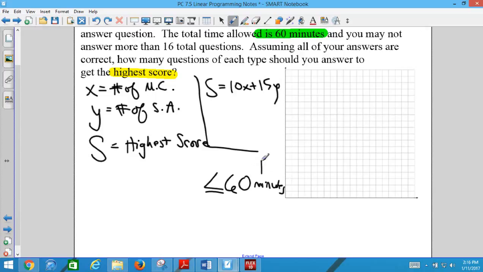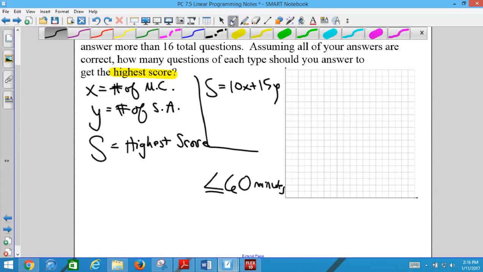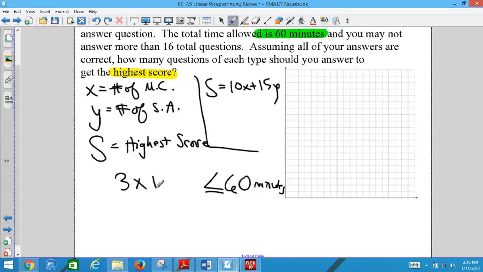So what's my constraint? 3x plus 6y. So that's 3 minutes and 6 minutes and 60 minutes. It's like all the way through the same unit.